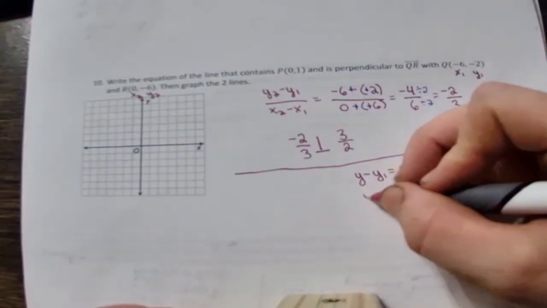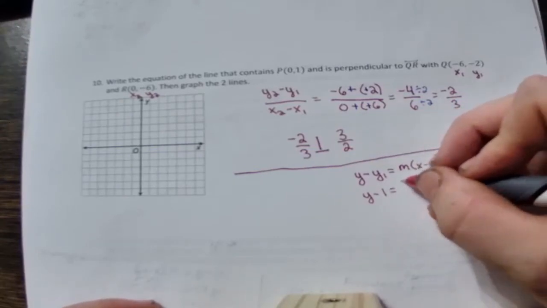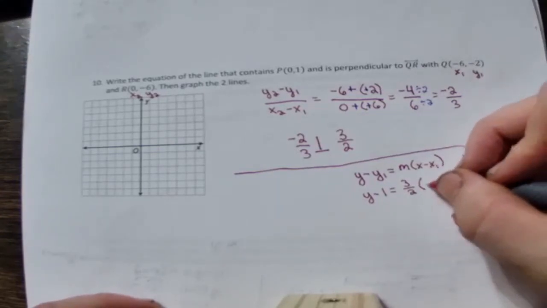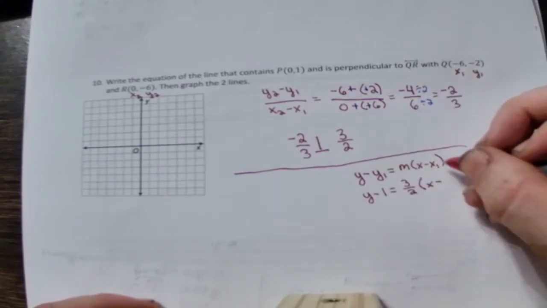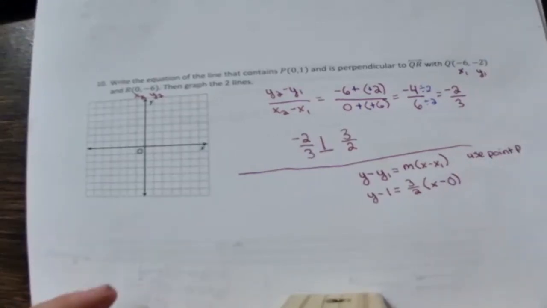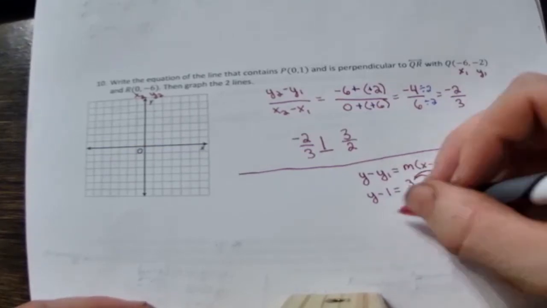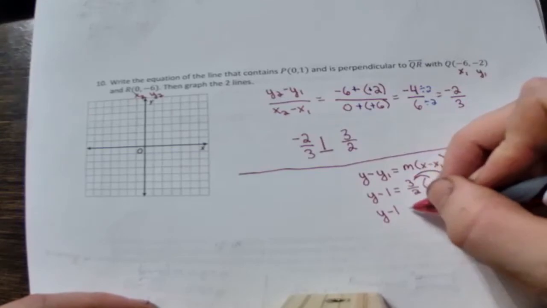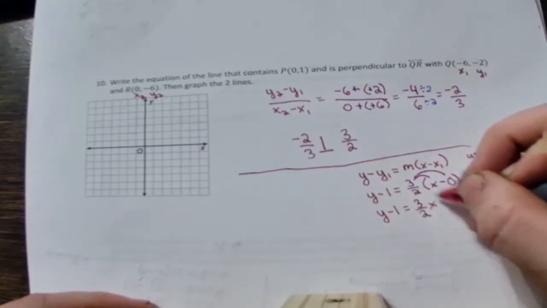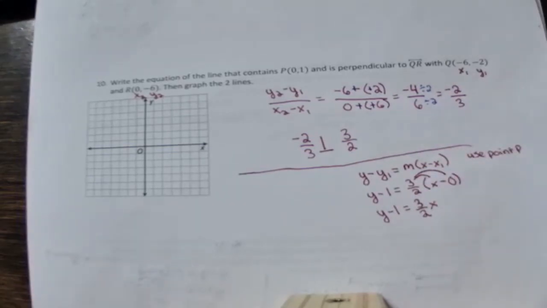So I'm going to have y minus 1 equals 3 over 2 times x minus x1, which is 0. So this is going to distribute, and I get y minus 1 equals 3 over 2 x, and then 3 over 2 times 0 is 0, so I do not have to write it over there.